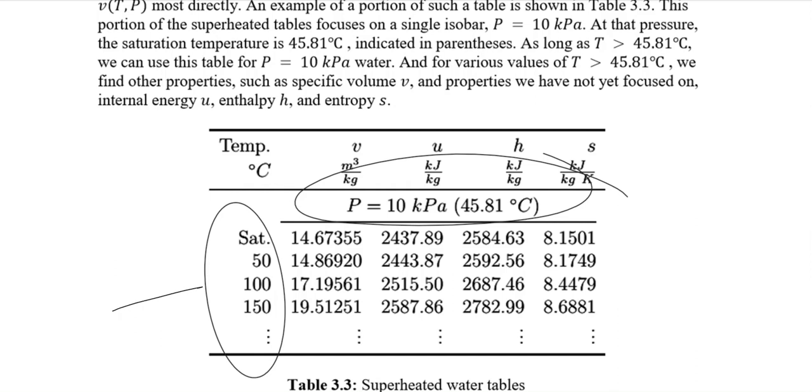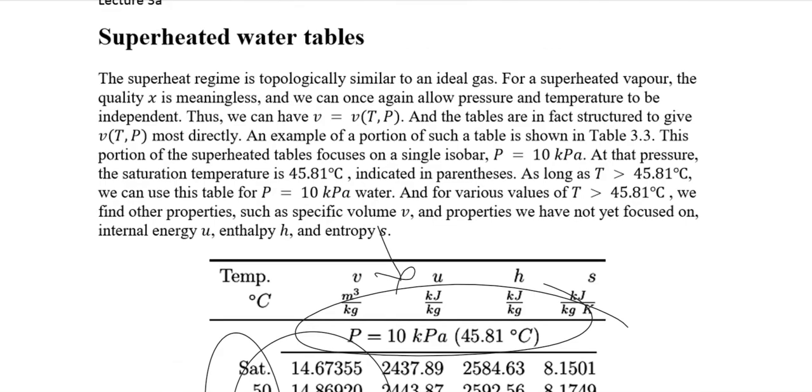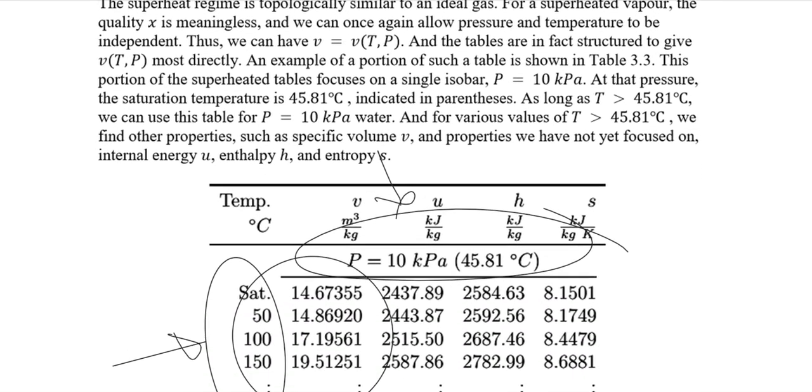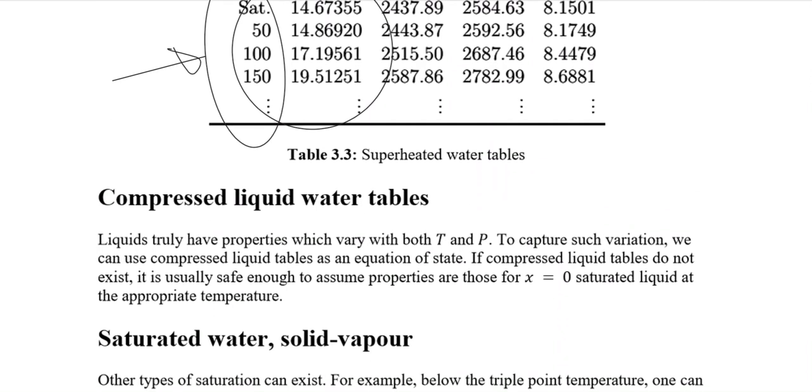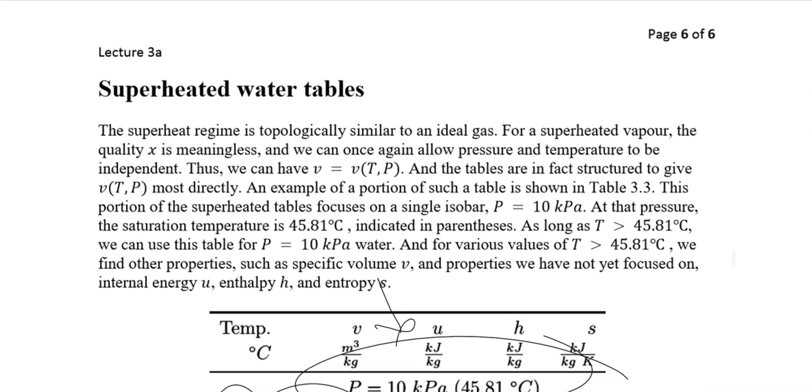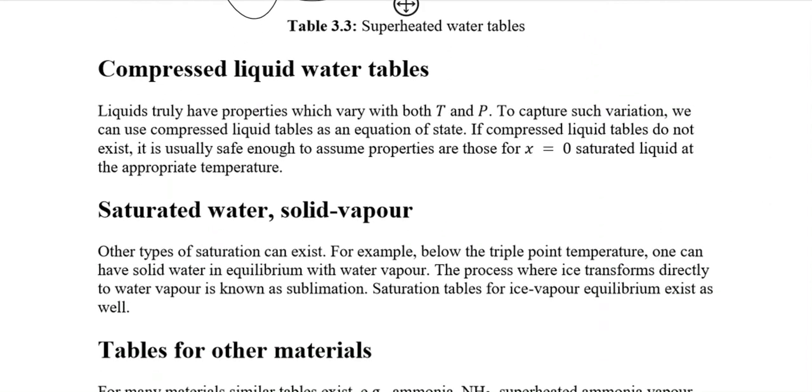Given the temperature and pressure, we would need to find out the volume or internal energy or enthalpy or the entropy, which we will be talking about in our next few lectures. So this is our supercritical water table.